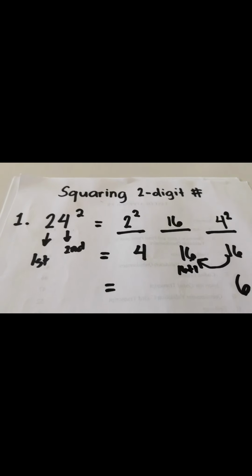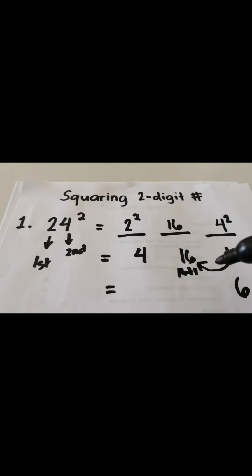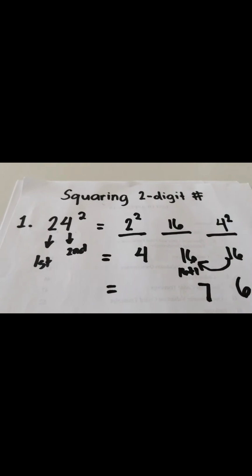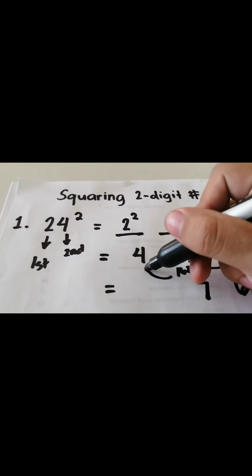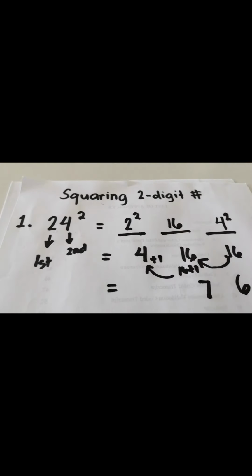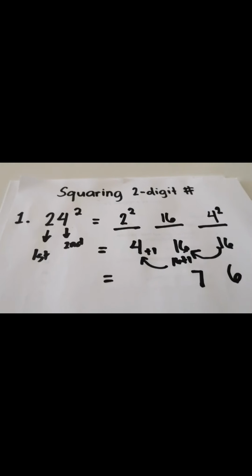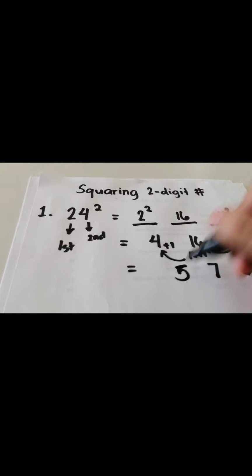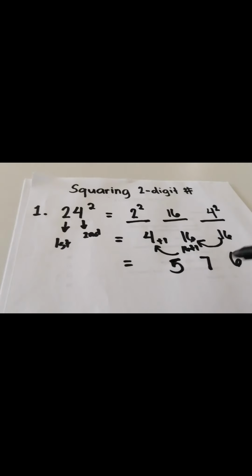The 7 stays, and the 1 in 17 is carried over, so that is plus 1. Then 4 plus 1 is 5, so the answer is 576.